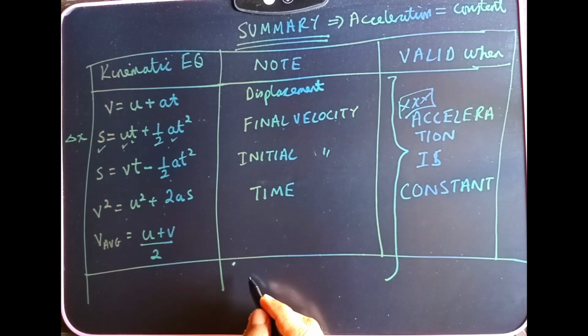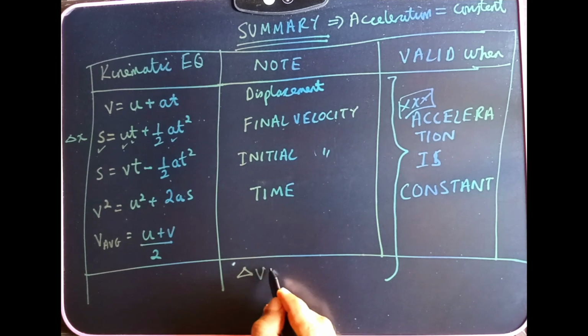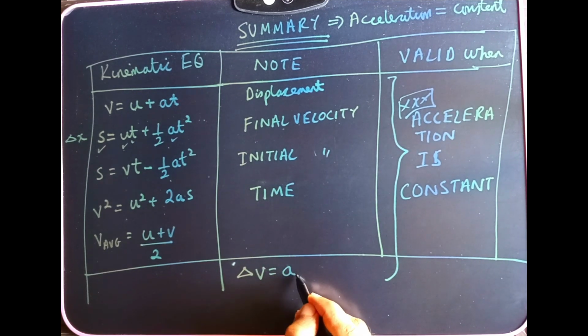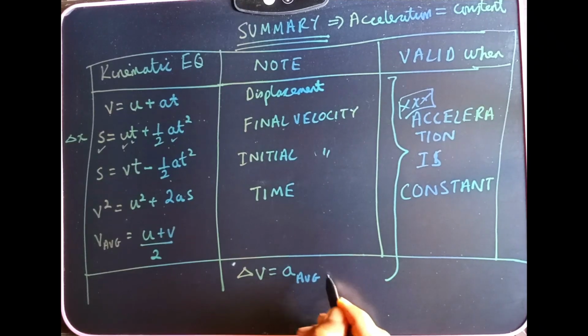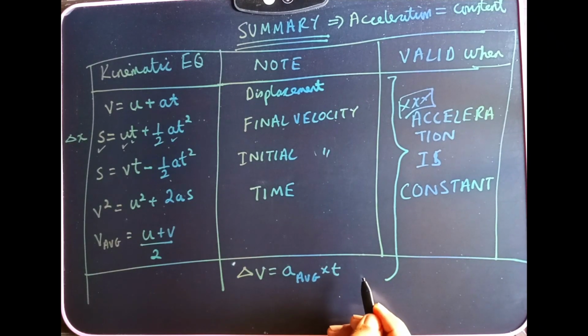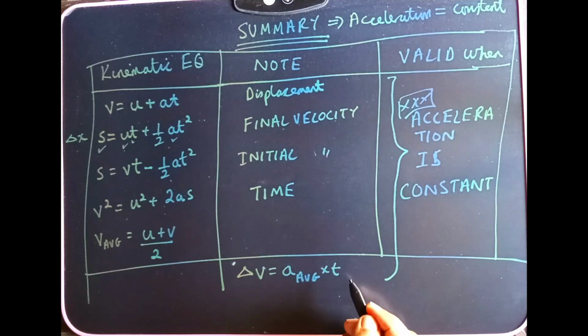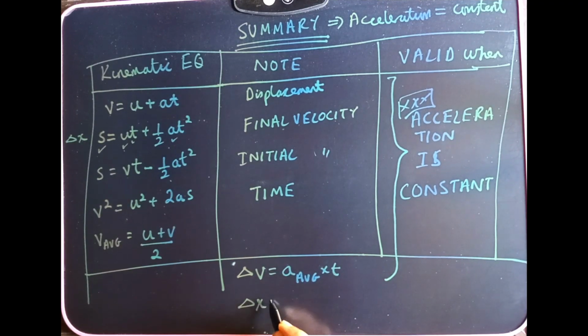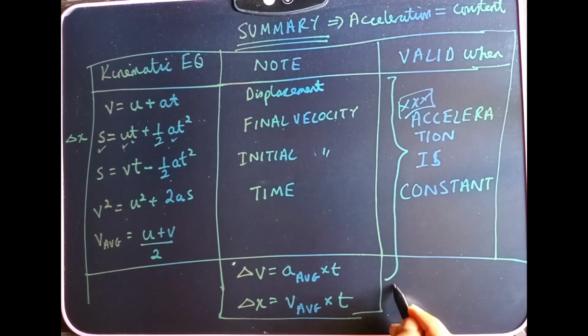However, remember that change in velocity is equal to average acceleration into time holds good for any acceleration. It may be constant or it may not be constant. Similarly, delta x is equal to v average into time holds good in all cases, valid always.